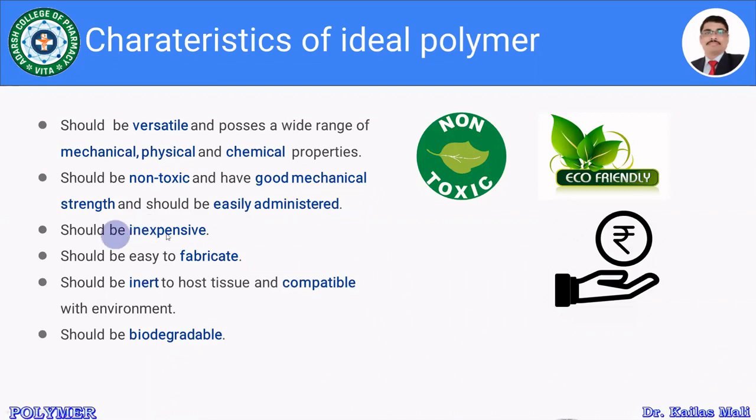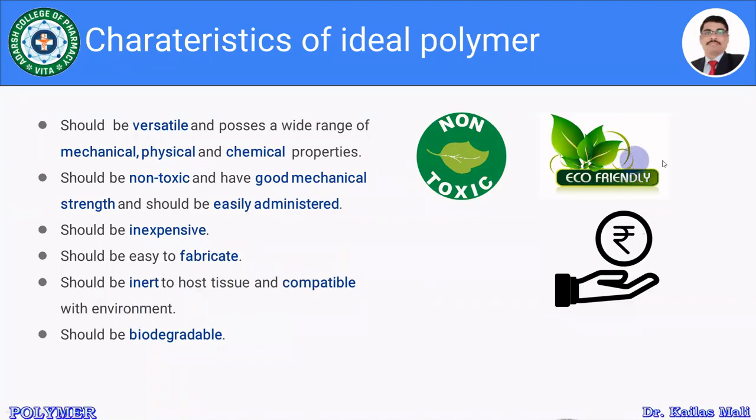It should be inexpensive. Simply, it should be cheap, isn't it? It should be easy to fabricate, easy to synthesize. It should be inert to the host tissue and compatible with the environment. So whatever polymer we are selecting, it should be inert in nature towards the host tissue and compatible with the environment.